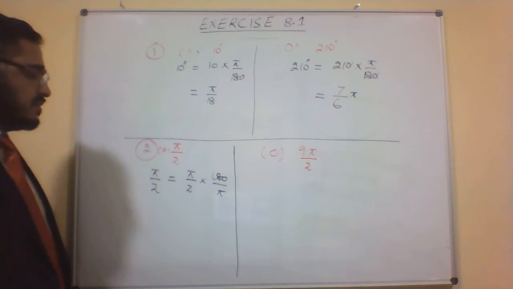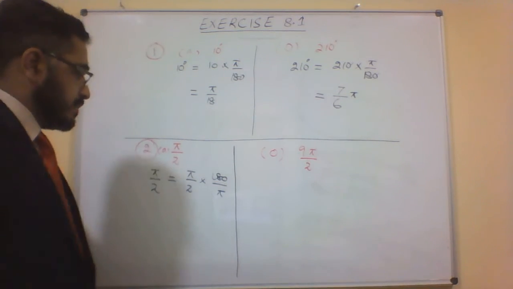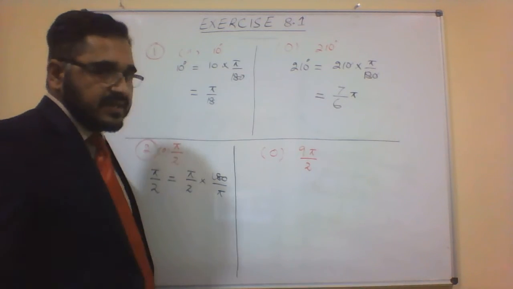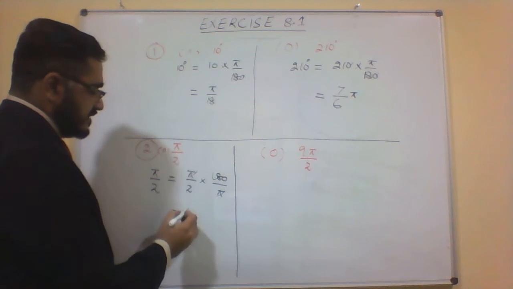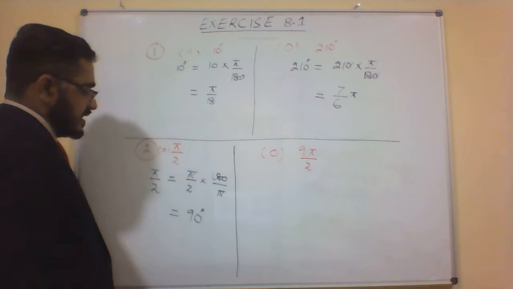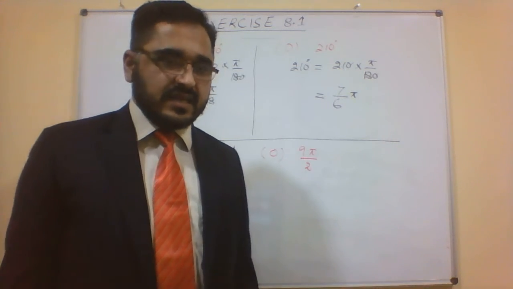When we have to convert from radian to degree, we multiply with 180 divided by pi. Then you can see this pi cancels with pi, 180 divided by 2 will be equal to 90 degree. Pi divided by 2 radian is equal to 90 degree.